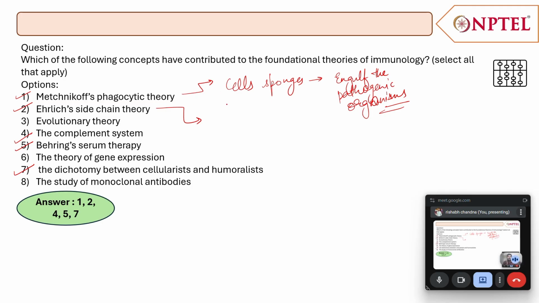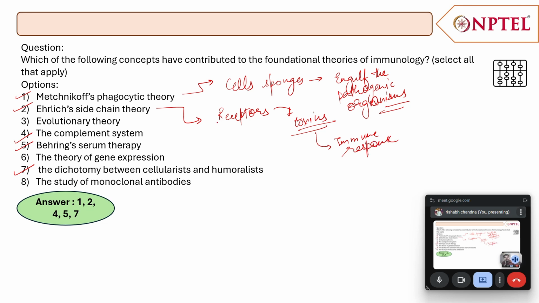So this theory basically states that there are certain receptors that can actually bind to the toxins on the surface of the cells. So these receptors can bind to the toxins, and that can lead to an immune response.